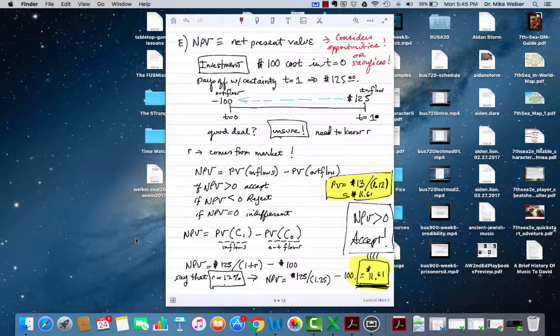If 10 shares were outstanding, each share would go up by the net present value divided by the number of shares. The share value would be like $10 in the first part of the deal. Then they take on this project, and now the shares are going to rise by 1.161, by 11.61 divided by 10. So now each share is worth $11 and a little over 16 pennies, $11.161.